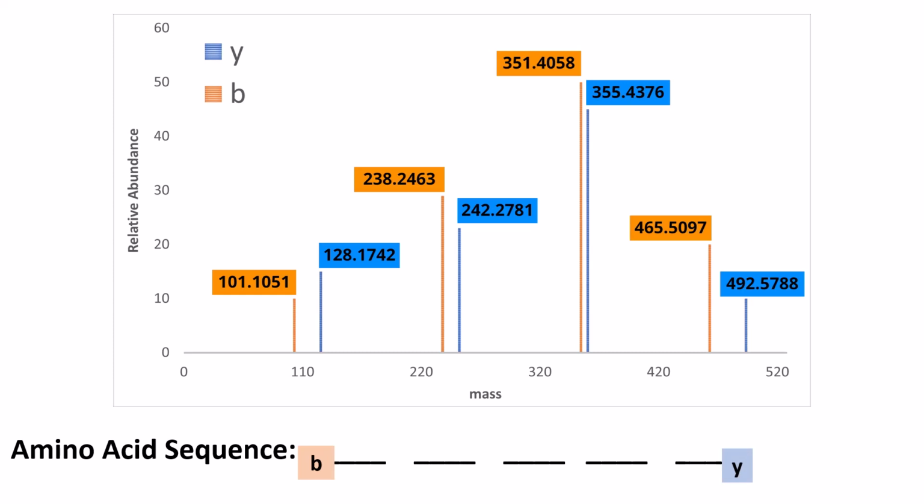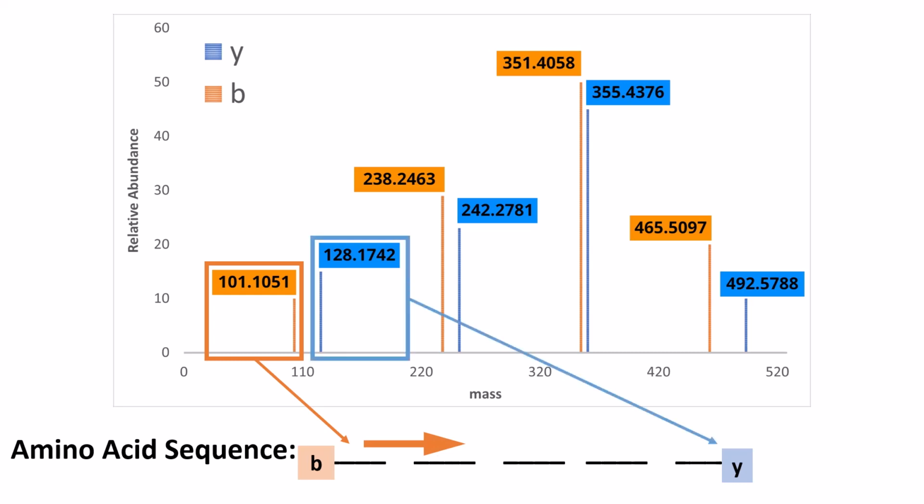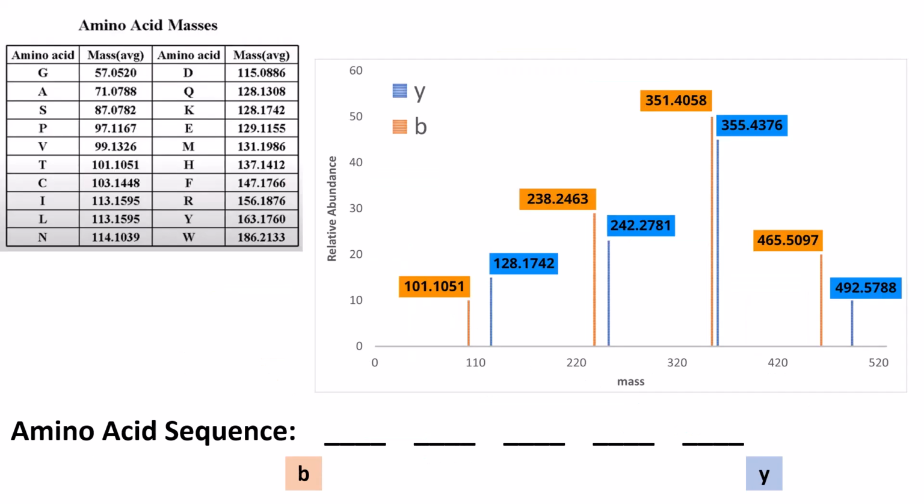This means that when we are reading a B ion peak, we are working our way from the beginning to the end of the peptide chain. Similarly, when we are reading the Y ion peak, we are working our way from the ending of the peptide chain to the beginning. So, let's start to determine the peptide chain sequence.